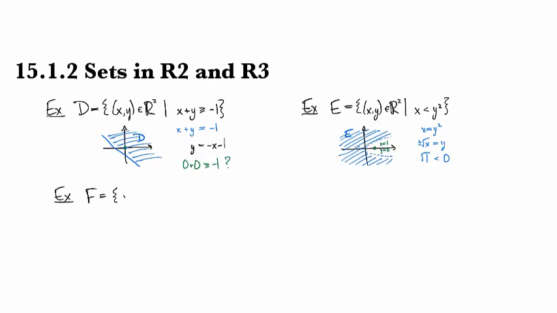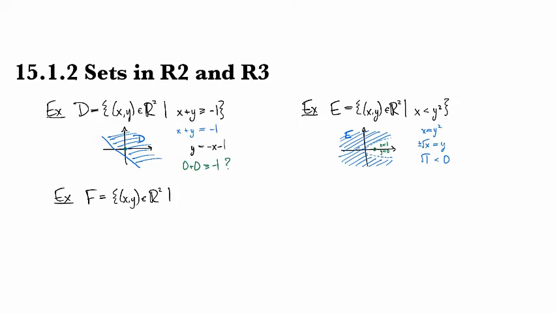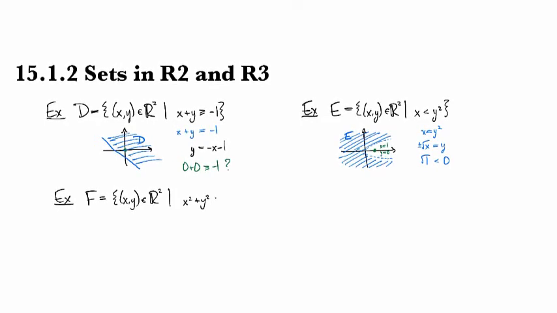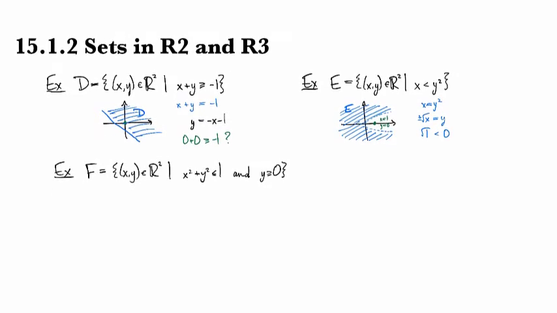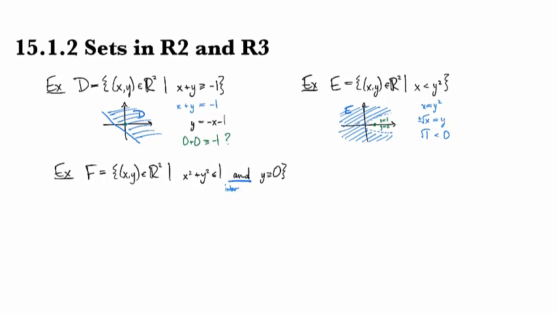So let's take F to be all the x, y pairs in R2, where x squared plus y squared is less than or equal to 1, and y is at least 0. So now this "and" here means intersection of regions.